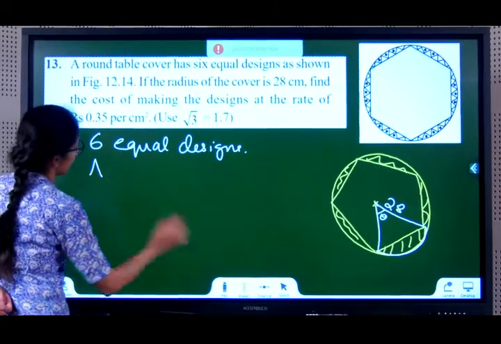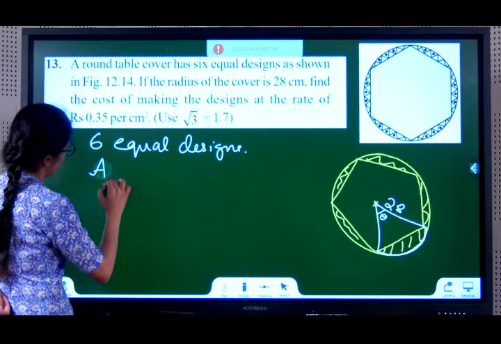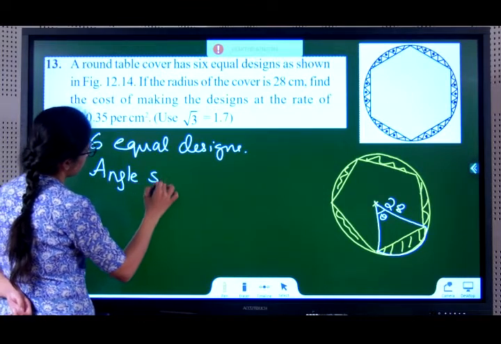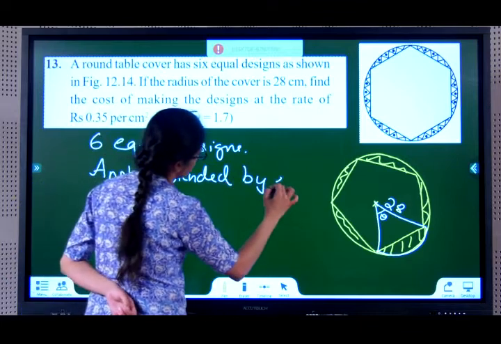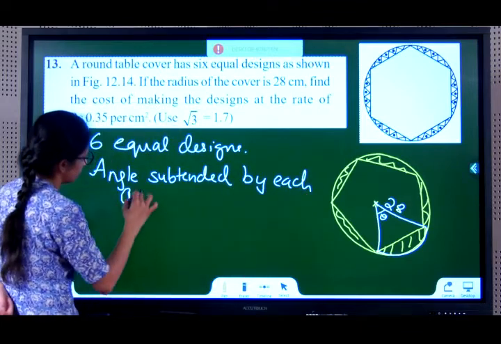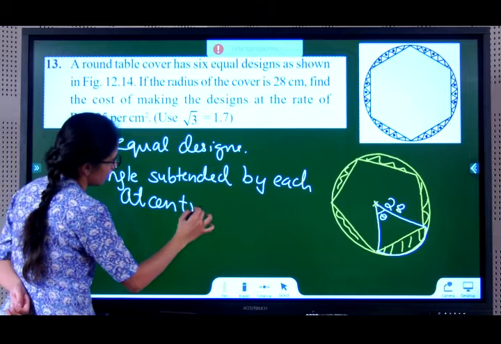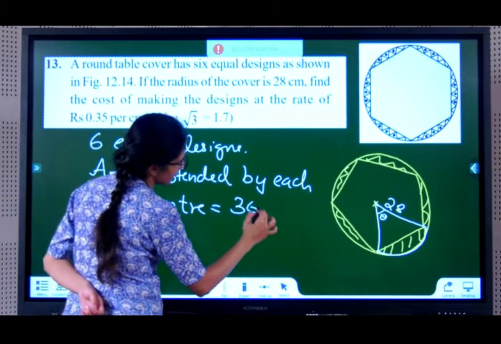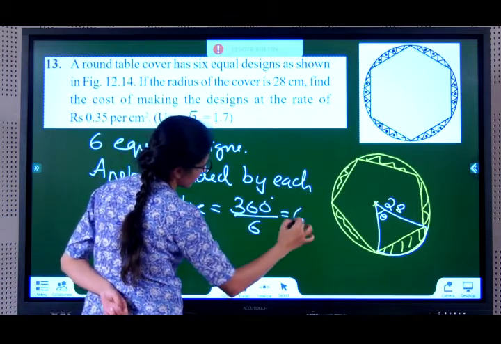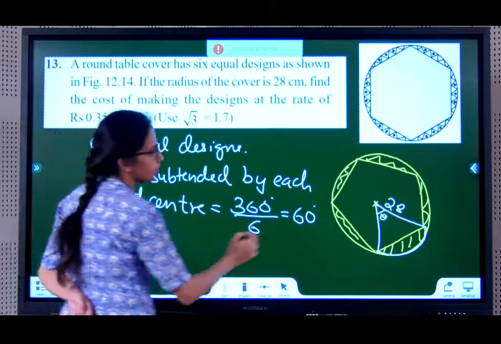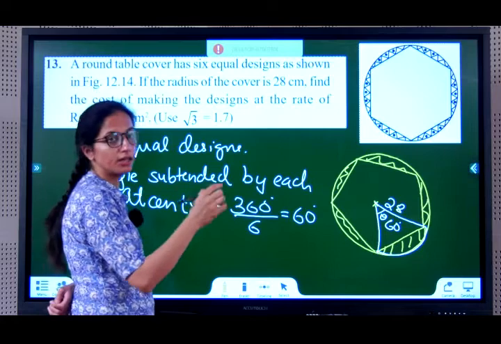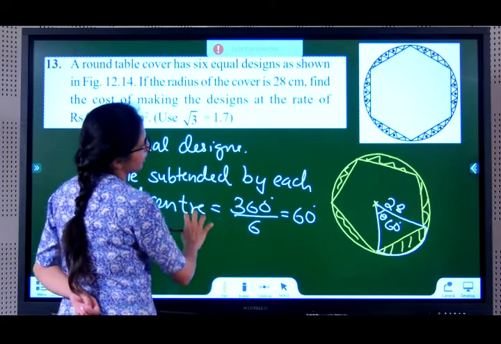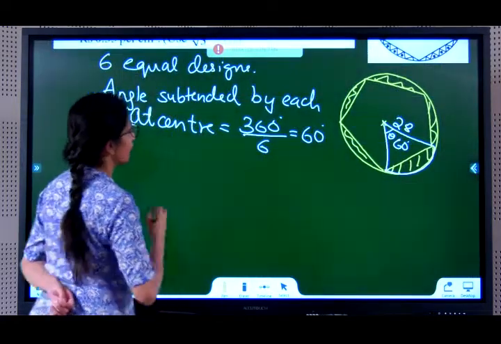The angle subtended by each at center is equal to 360 degree by 6. That is 60 degree. So this angle is 60 degree. So now we'll find the area of the sector, then triangle, then segment.